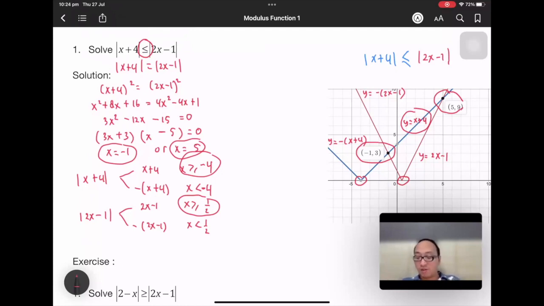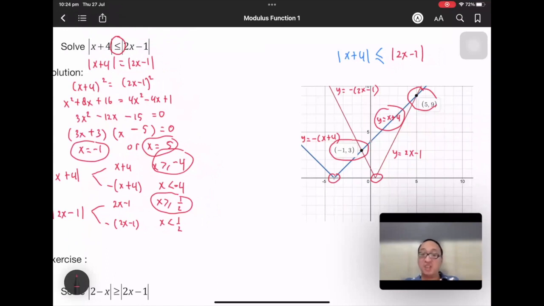So from the graph, in which region is the blue graph under the red graph? Smaller than means below. So in which region are the blue lines below the red line?